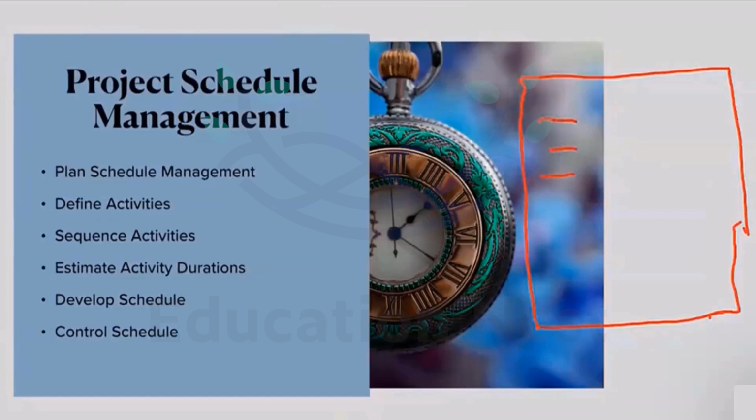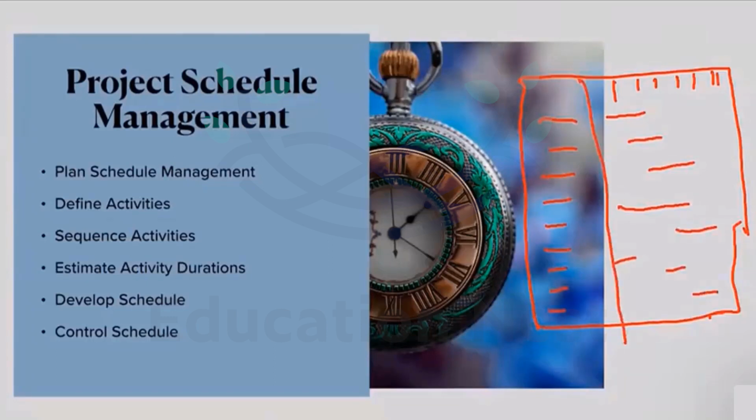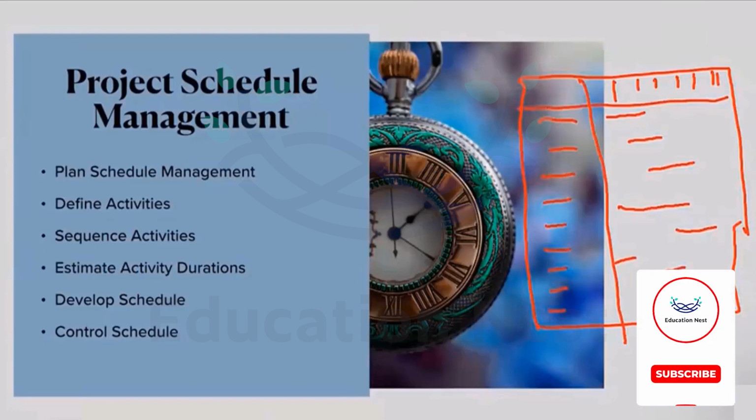On the left, we have the list of activities, and in the vertical column, you have all the months. For each activity, we have the timelines decided. Whoever has worked on at least one project might easily relate to this chart. On the left column we have all the activities listed, and in all other columns we have the timeline. This is called the bar chart.